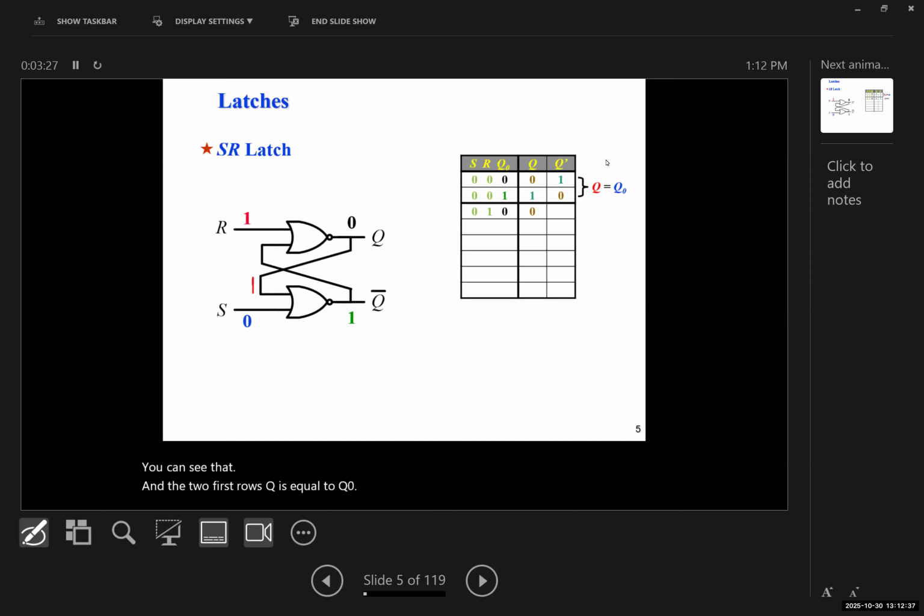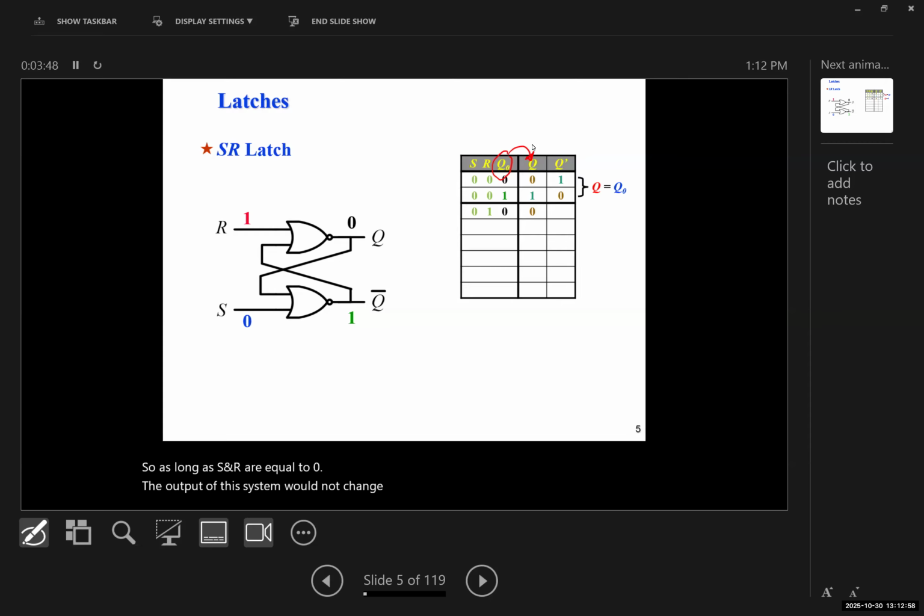What does this mean? It means Q does not change if we put S and R as 0, 0, whether Q0 is 0 or 1. So as long as S and R are equal to 0, the output of this system would not change.